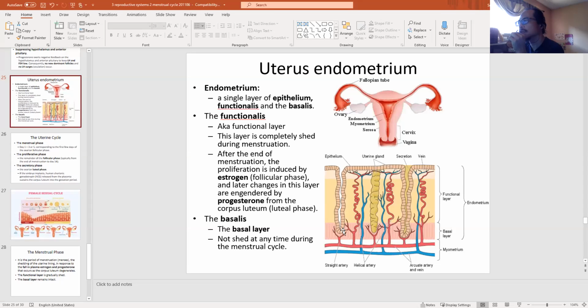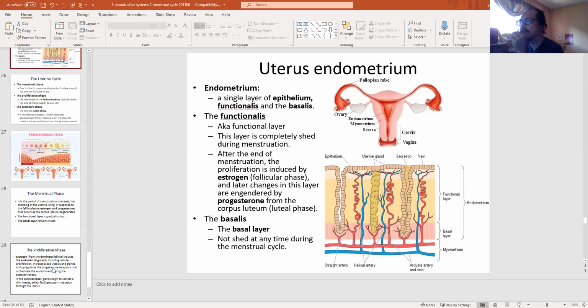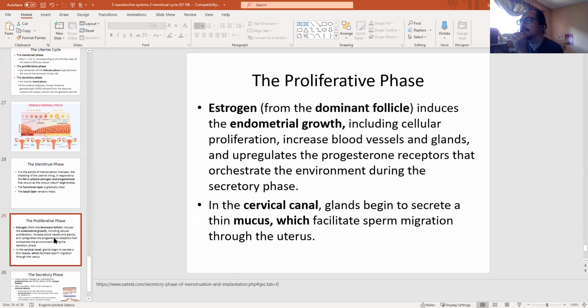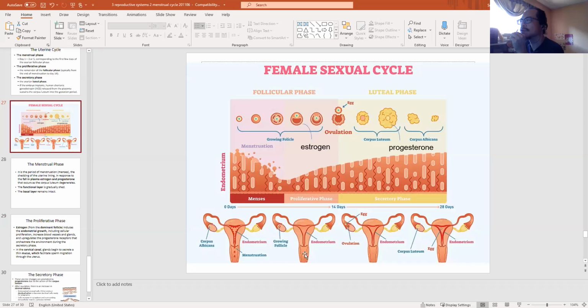This is the simple tubular gland, which secretes fluid to provide the environment for the implantation. In addition, the cervical canal also secretes mucus, which will facilitate the sperm migration into the uterus. So sperm need to migrate into the uterus.